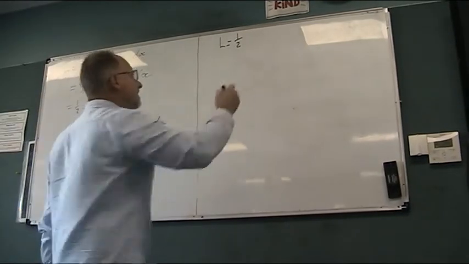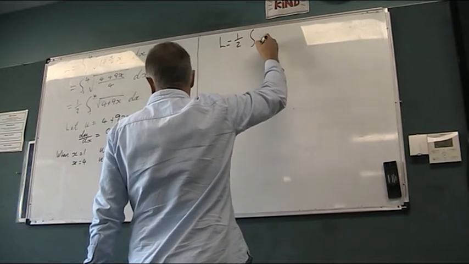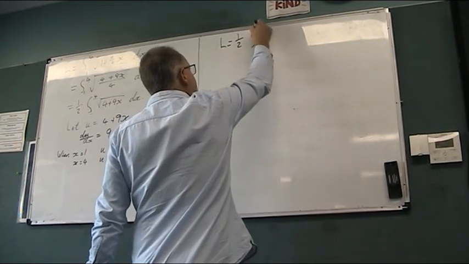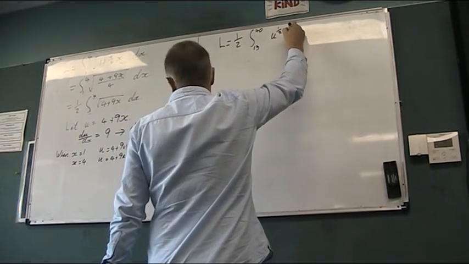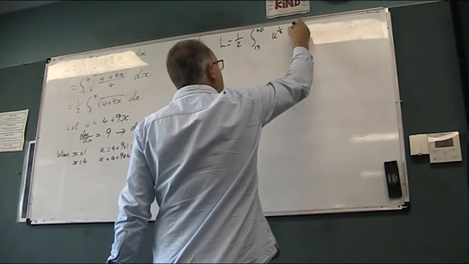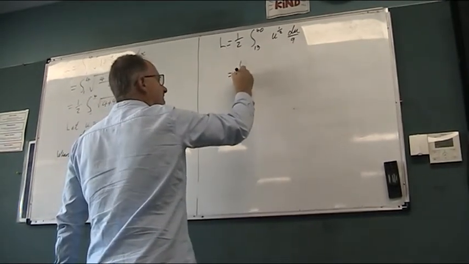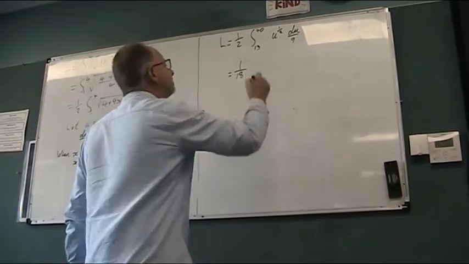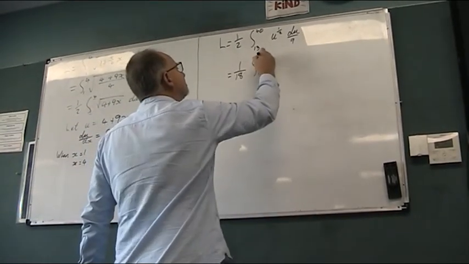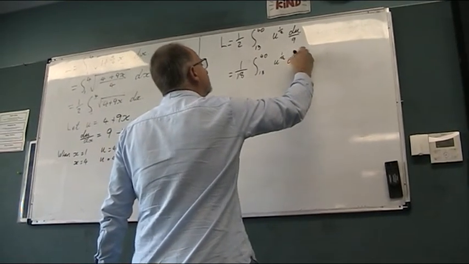And now I'm going to change to u, so 13 to 40 of u to the half, and dx is du on 9. That 9 can come out here with the half.